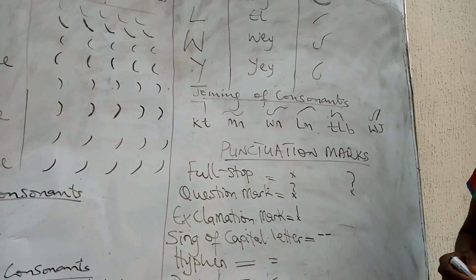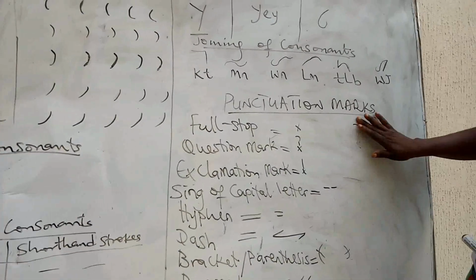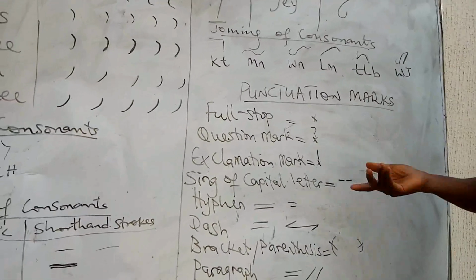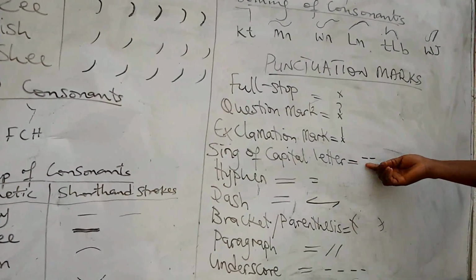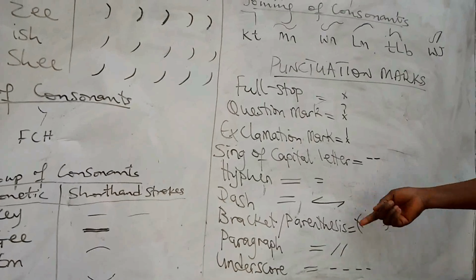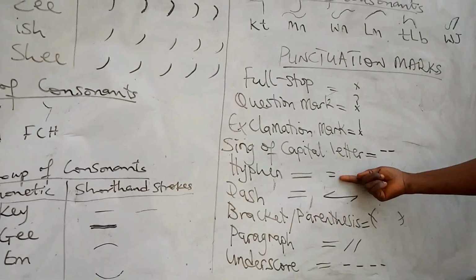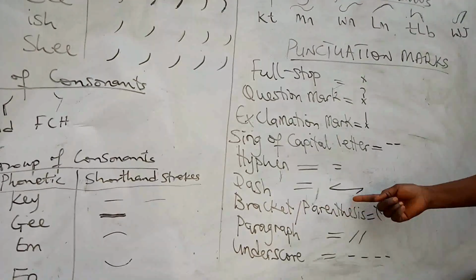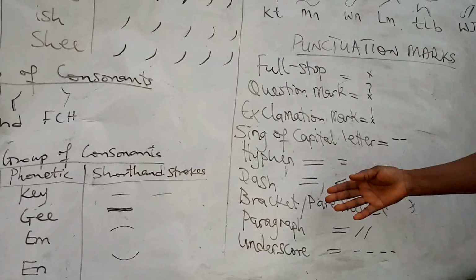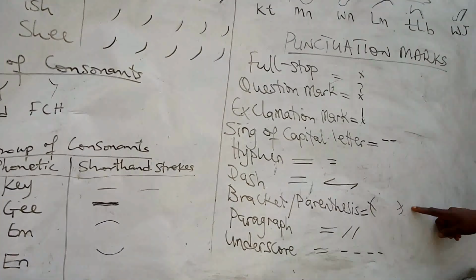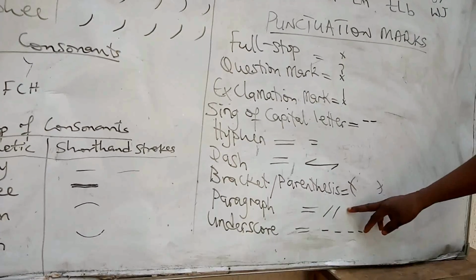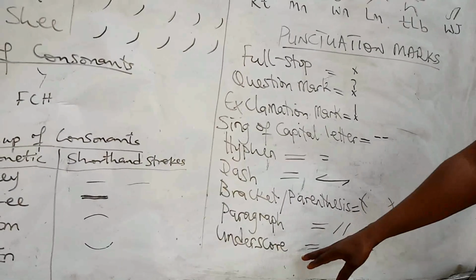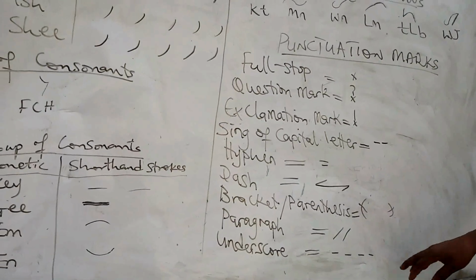Then the exclamation mark, the same thing with a star under or a times sign. Then the sign of a capital letter is this. Hyphen is this one. Dash is this. Bracket or parenthesis is this one. Then paragraphing, this sign. Underscore, this sign.